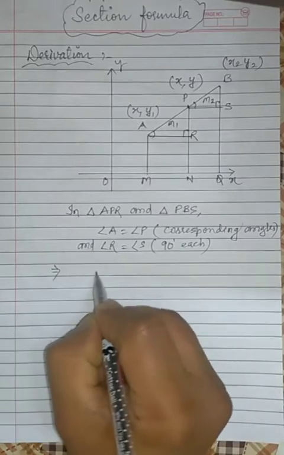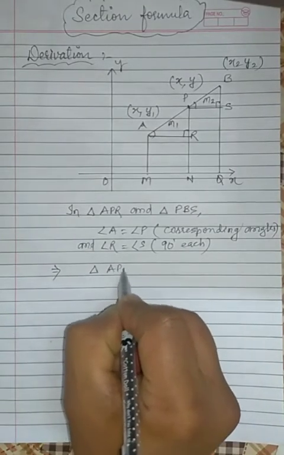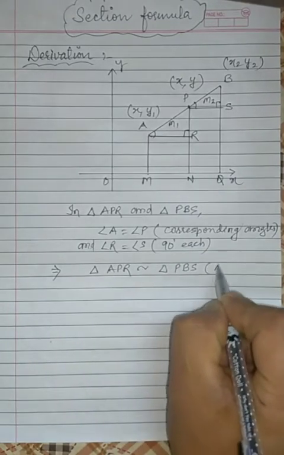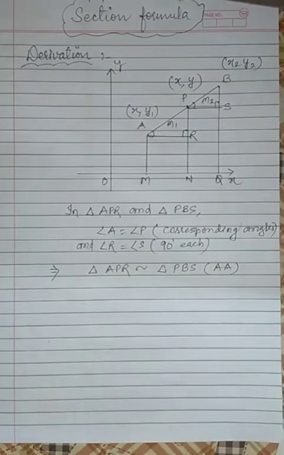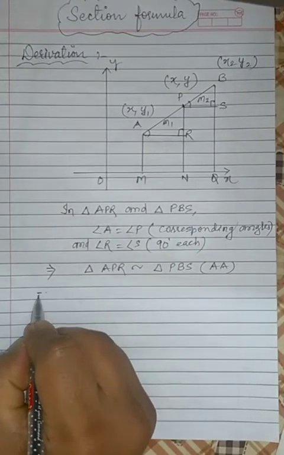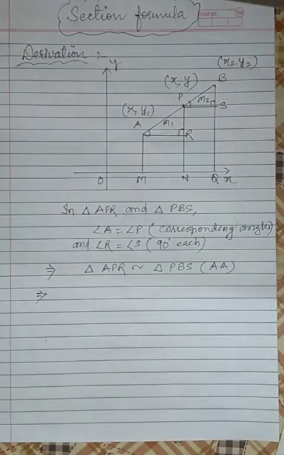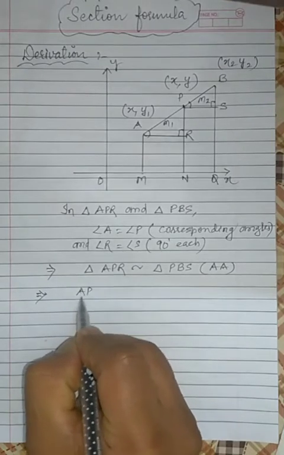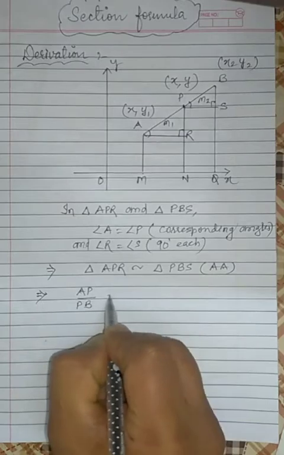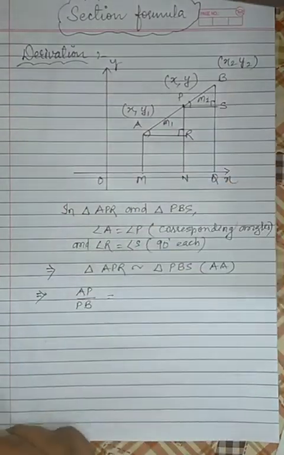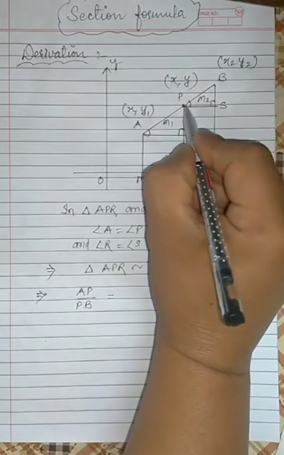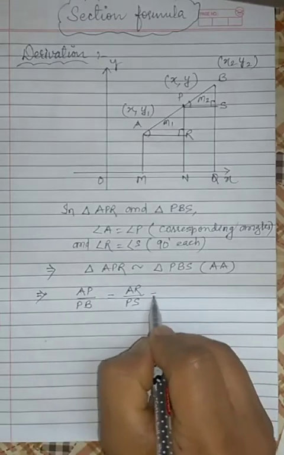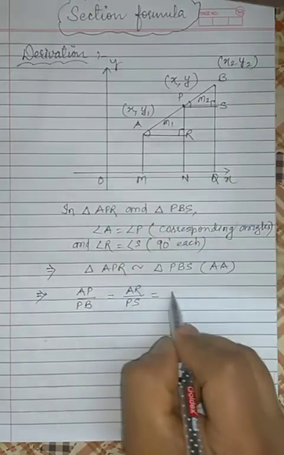That means we can say that triangle APR is similar to triangle PBS by the angle criteria. So if the two triangles are similar, then their corresponding sides are proportional. Therefore, AP upon PB is equal to AR upon PS is equal to PR upon BS.